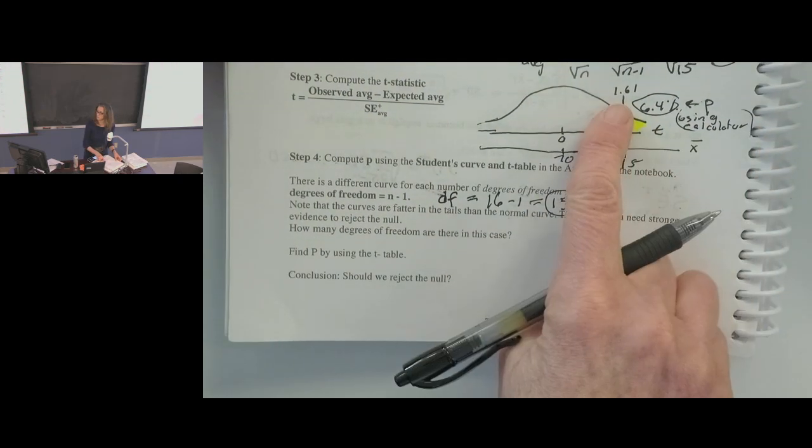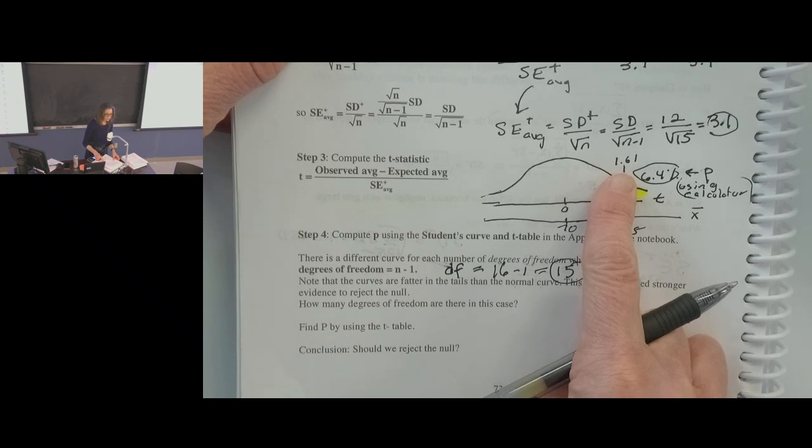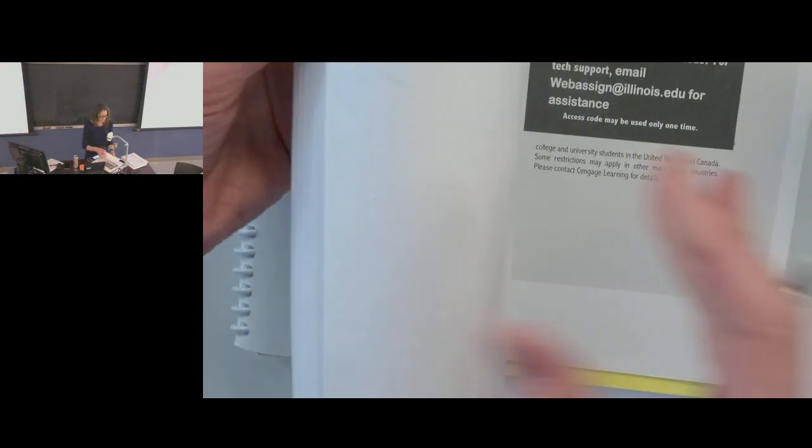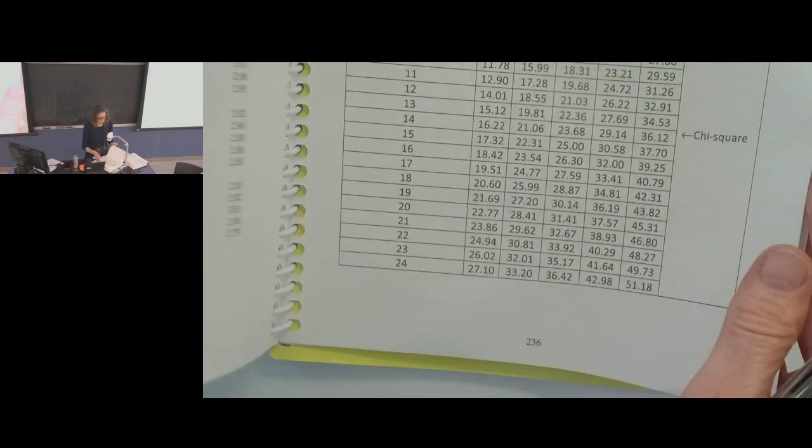Now let's go to the back of the book, and let's say we were doing this. What information do we need? We need to figure out this 1.61. It's not so simple like with the z-curve, the normal curve. So we have to keep in mind the 15 degrees of freedom. This is what you'll see on your exam, this exact table, and let's look at it.